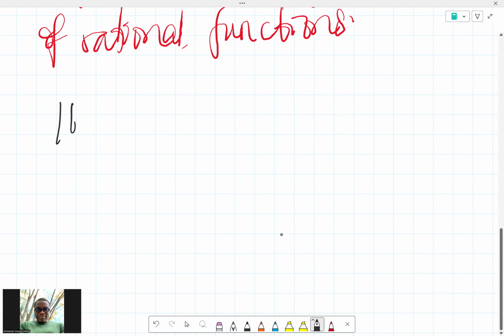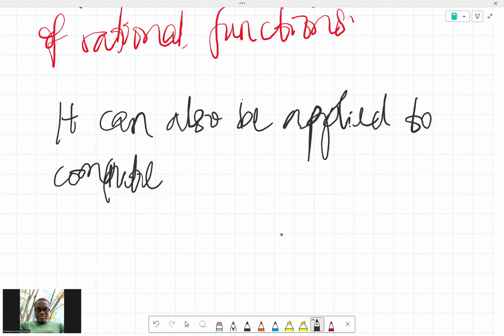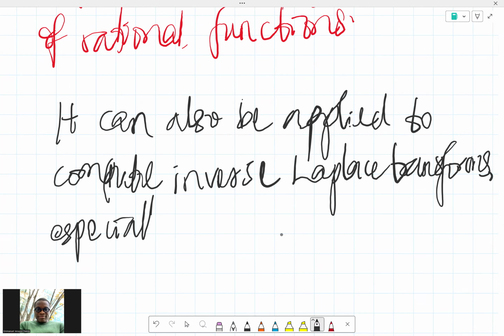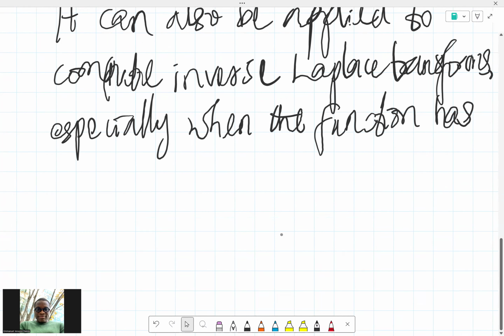It can also be applied to compute inverse Laplace transforms, especially when the function has poles.